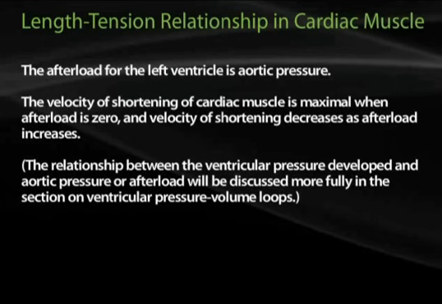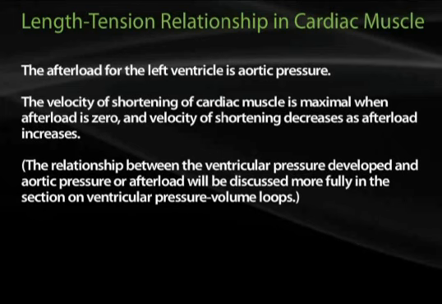The afterload for the left ventricle is the aortic pressure. The velocity of shortening of cardiac muscle is maximum when afterload is 0, and that makes sense when you think of it, that the aortic pressure is working against the heart. As the heart contracts, it must overcome the aortic pressure, and so the more afterload, the harder the left ventricle has to work.